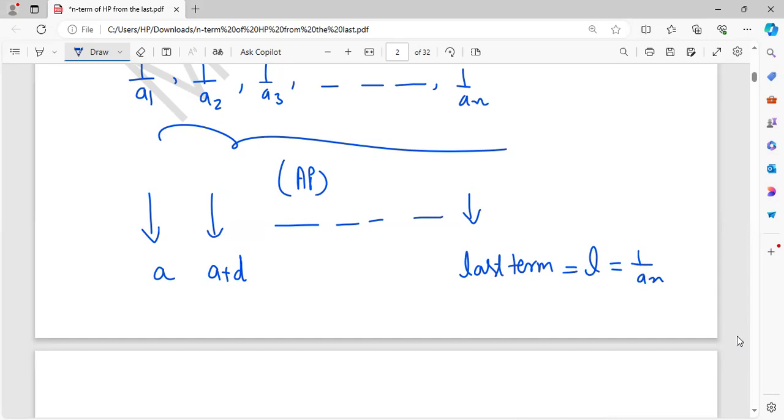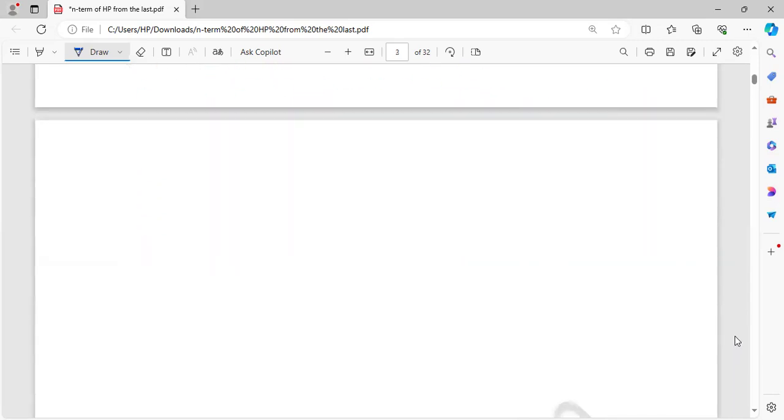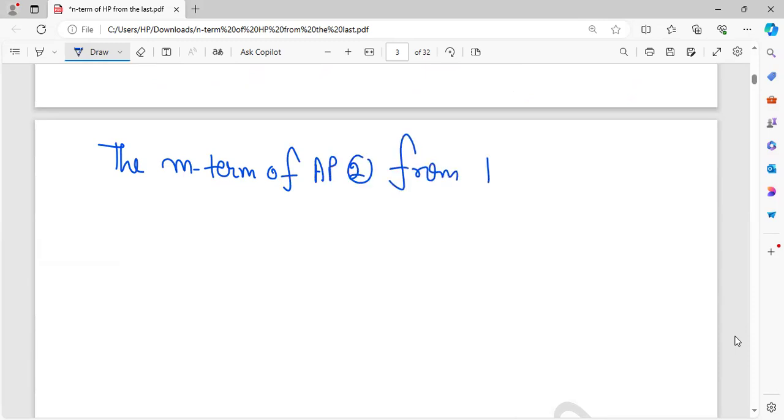So what is the formula of AP? The mth term of AP 2 from the last is equal to L minus (m minus 1) into d. Okay, this is the formula.